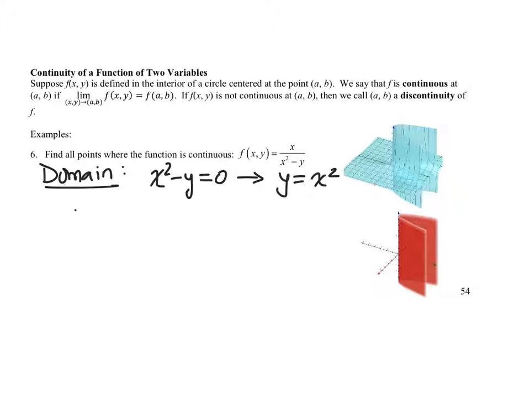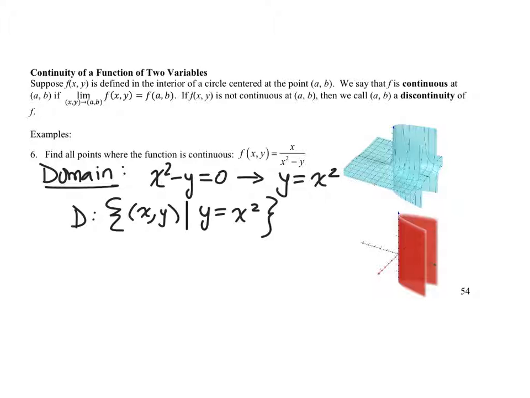All right, so my domain specifically in the appropriate notation is going to be that x and y are my variables, and my restriction is that y has to be the squared values of x.